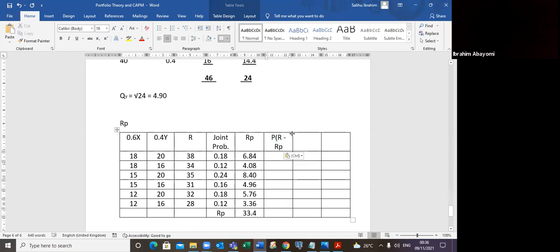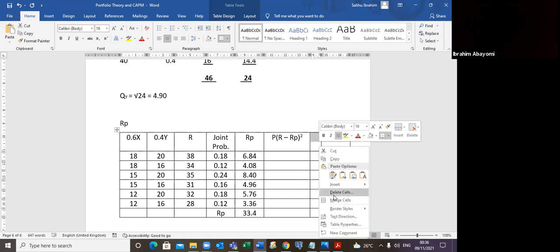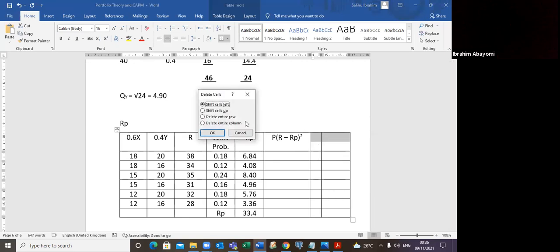I want to understand the reason why we had to use this risk of portfolio. Is it because the probabilities are not the same? Yes, the probabilities are not the same, and the number of returns are not the same. This one has 3, this one has 2.